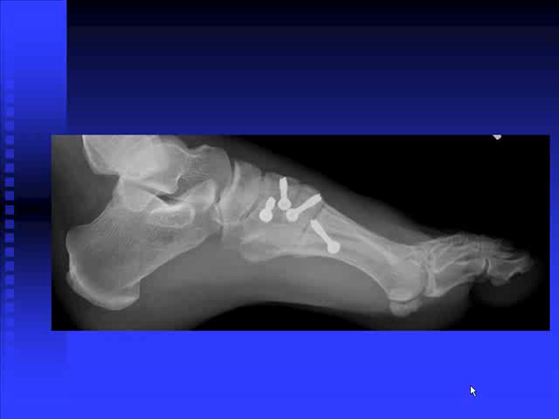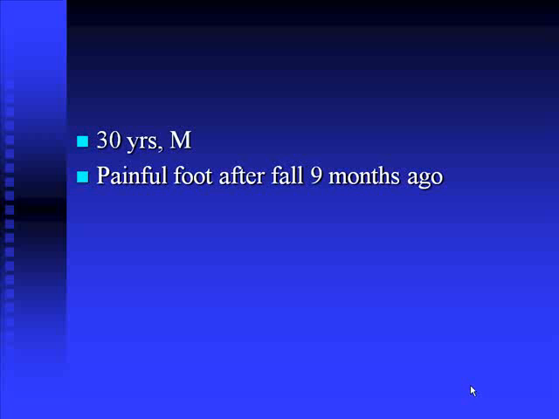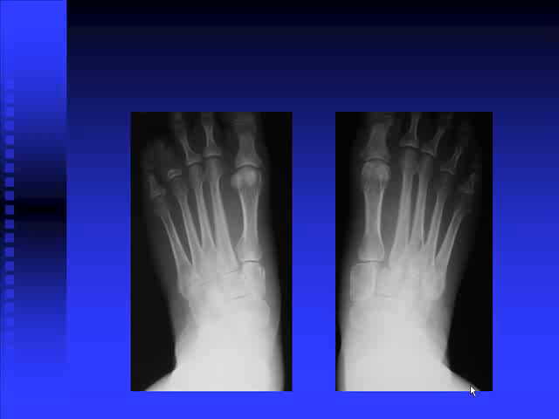Now here's a later case, 30-year-old male, had a fall from a height. You can see on the x-ray that there's incongruity between the base of the first metatarsal and the medial cuneiform, as well as a gap between the first and second, and a gap between the medial cuneiform and the second metatarsal.